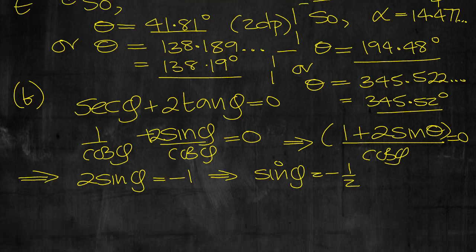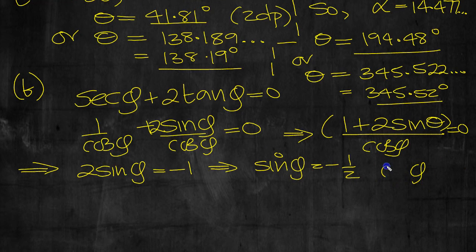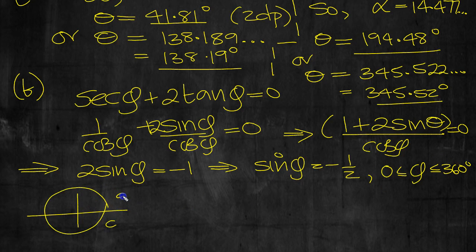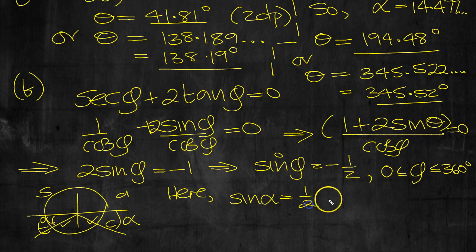Okay, let's have a look at this. Now we're solving phi between 0 and 360, wasn't it? CAST. Sine is negative here. It's positive here and here, so it's negative there and there. There's alpha. So here, sine of alpha then, drop the negative, is 1/2. So alpha is shift sine of 1/2.